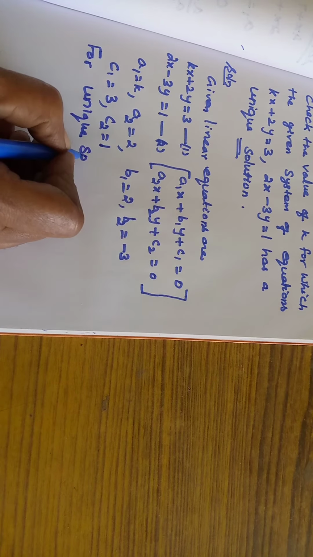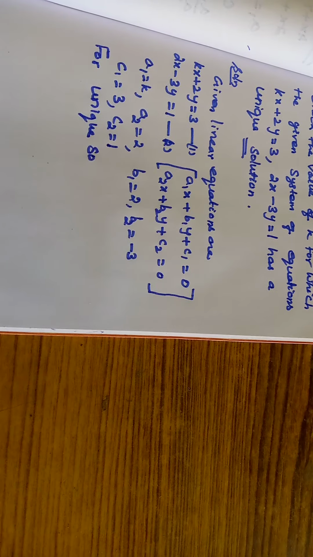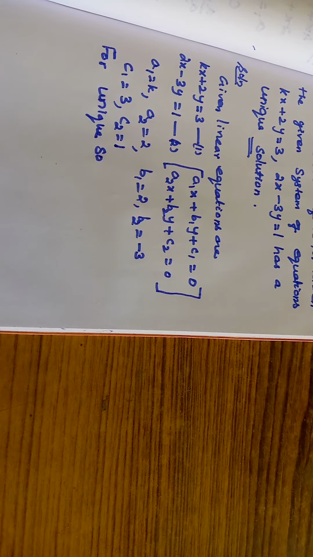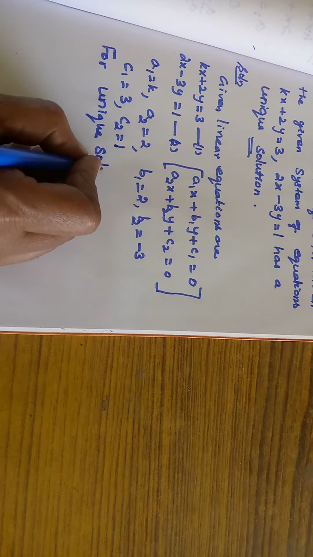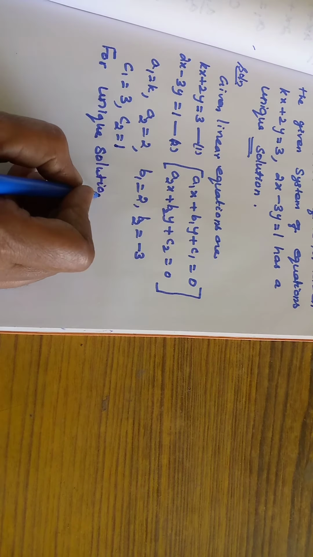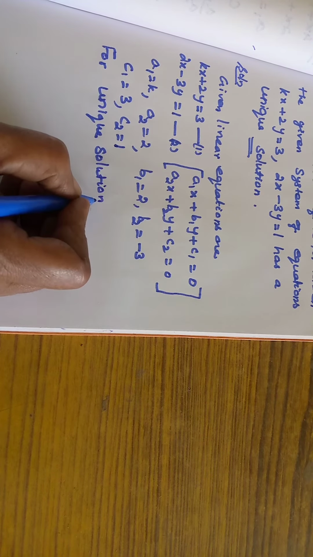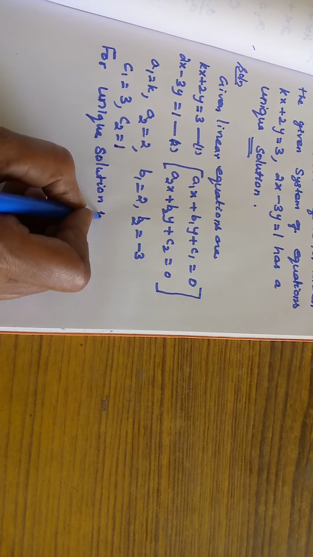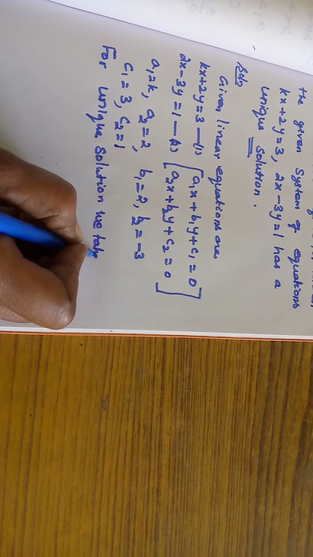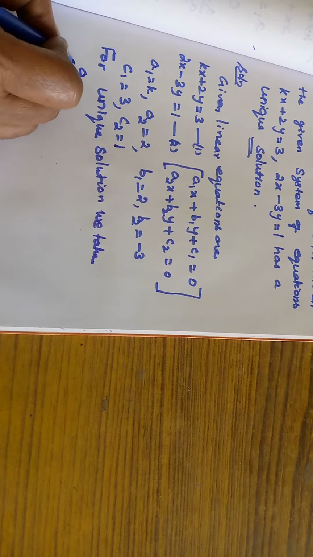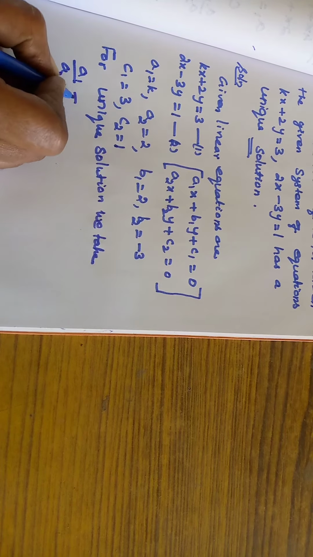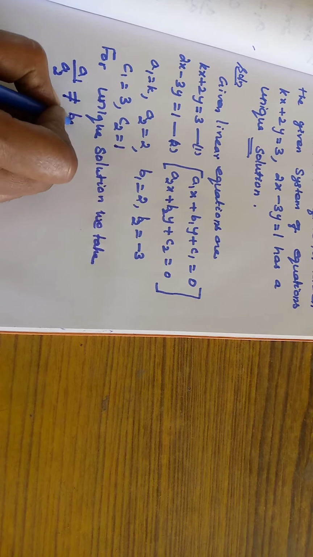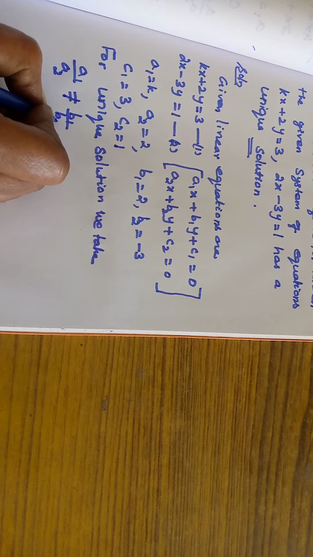The question is asked to check whether it has a unique solution or not. So for unique solution, the condition is a1 by a2 is not equal to b1 by b2.